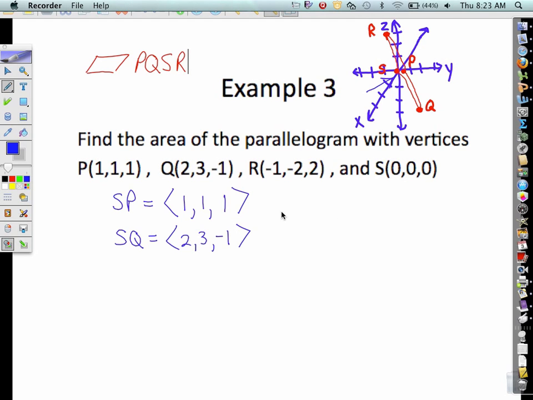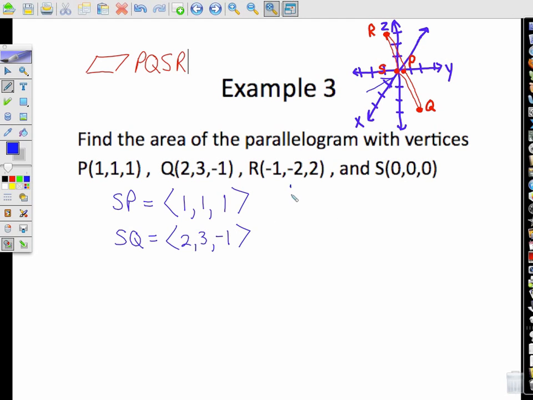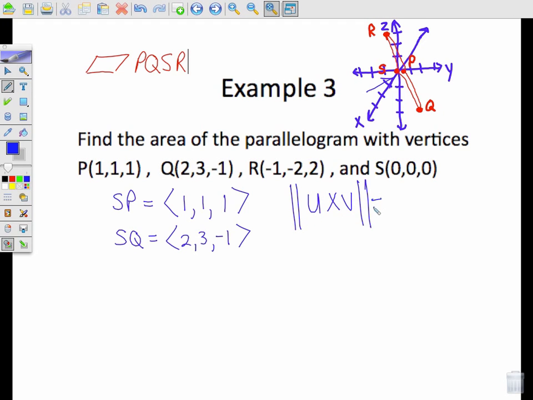All right, so we're ready to do the cross product. So we have to do the magnitude of the cross product. This is how we find our area. So these are my vectors, and if I set up my matrix, it'd be I, J, K, 1, 1, 1, 2, 3, negative 1. And so my first determinant would be 1, 1, 3, negative 1. That's eliminating the first column.